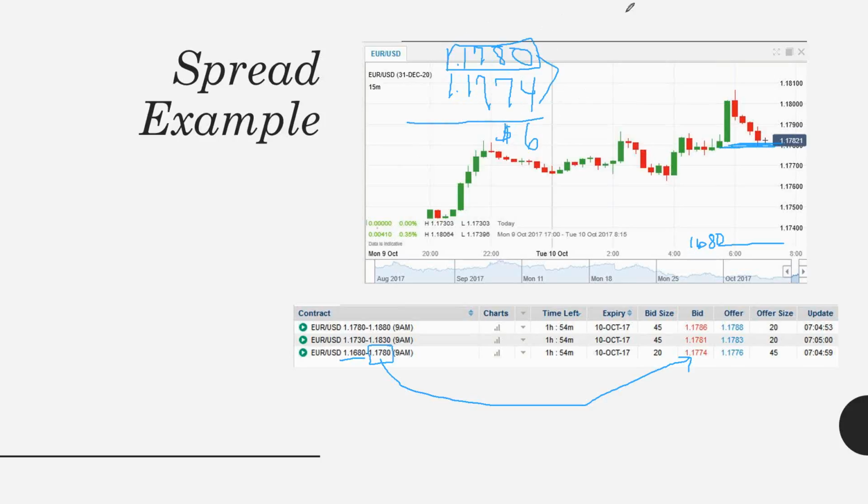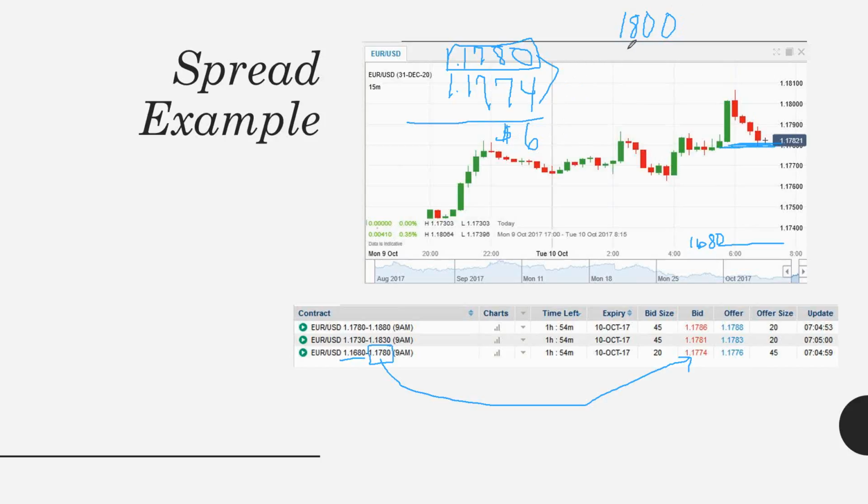So even if price expires at 1800, the ceiling is what's limiting your risk. Does everybody understand that? So if it moved all the way up to 1800, you would still only lose $6.